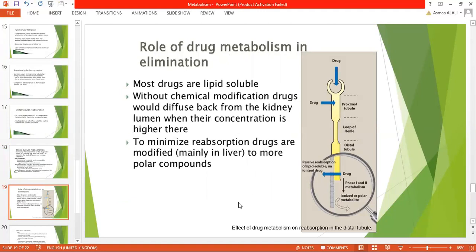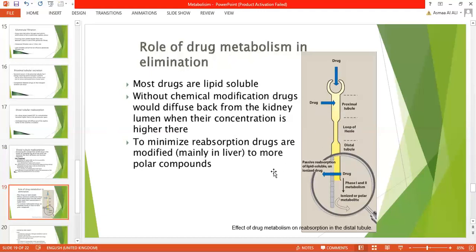Role of drug metabolism in elimination. Most drugs are lipid soluble. Without chemical modification, lipid soluble drugs would diffuse back from the kidney lumen when their concentration is higher there.